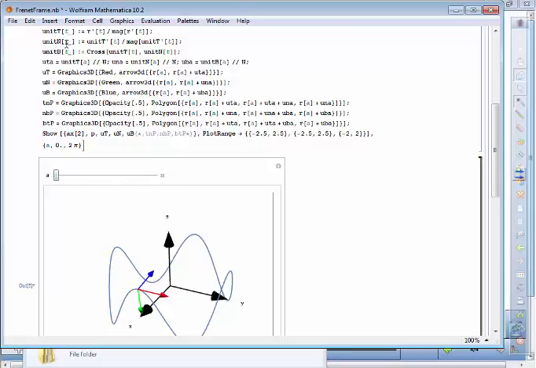The unit normal vector, UN, is green. And then the binormal vector is blue. And if you're colorblind, I'm sorry.